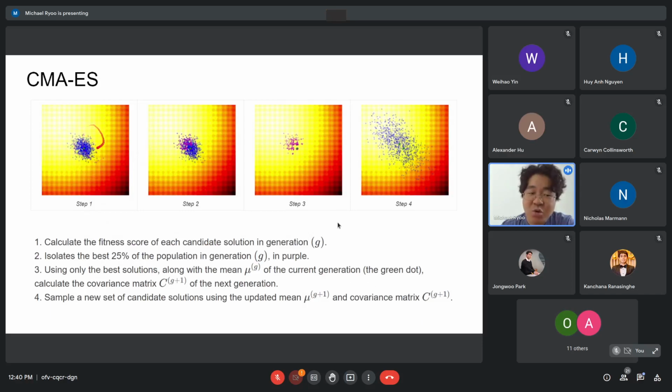So out of all these individuals, we only keep these purple ones. And only using these purple ones, which is illustrated here, we compute the mean, with these purple individuals and the mean, this green dot over here, the mean of the previous generation, not the mean of the new generation, but the mean of the previous generation.